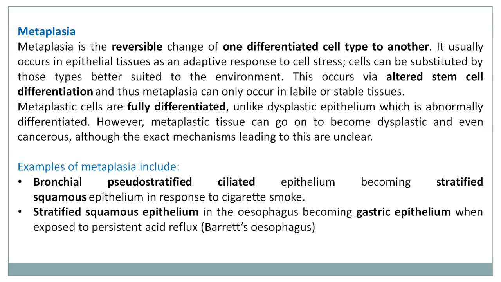Examples are bronchial pseudostratified ciliated epithelium becoming stratified squamous epithelium in response to cigarette smoke. Another example is stratified squamous epithelium in the esophagus becoming gastric epithelium when exposed to persistent acid reflux. So these are the examples of metaplasia.